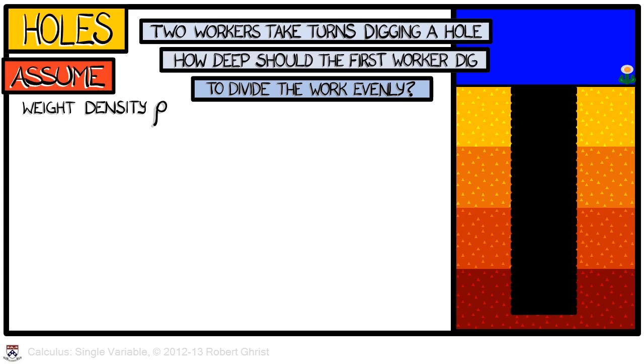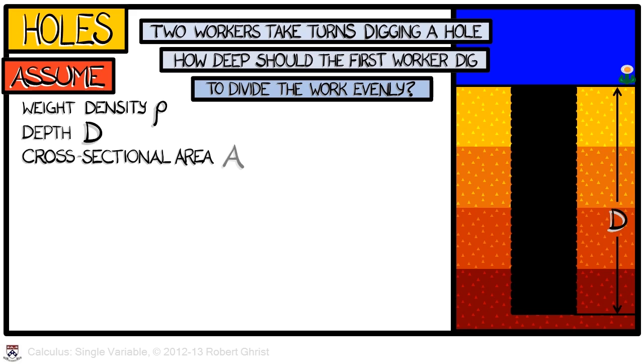Again, as in the case of a fluid, we'll assume a constant weight density, rho, for the dirt. Let's say that our hole has to go to a depth, capital D, and that the hole has some fixed cross-sectional area, A. We're not going to say what that shape is. We're just going to keep track of the area of that cross-section. In this case, what is the work element?